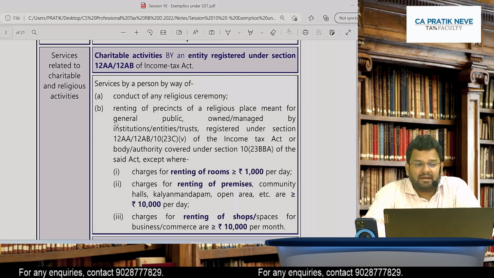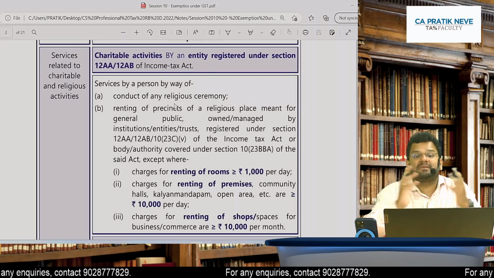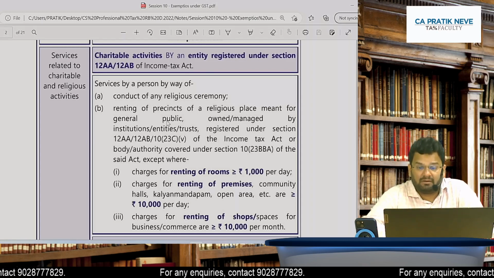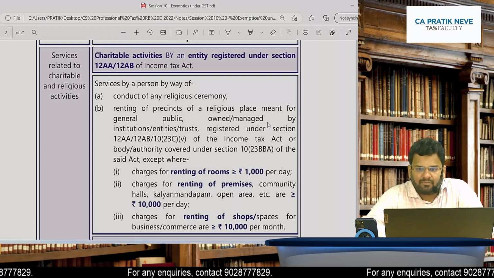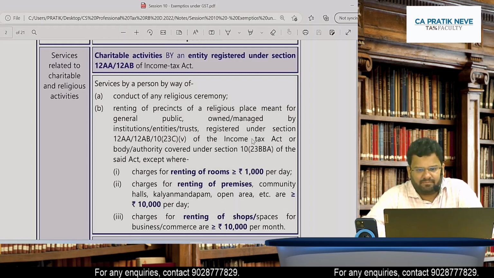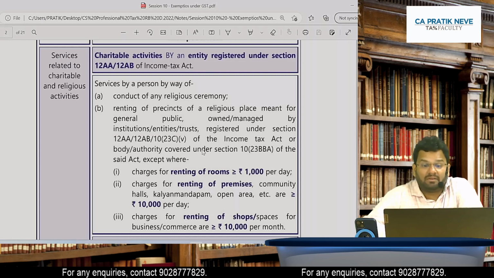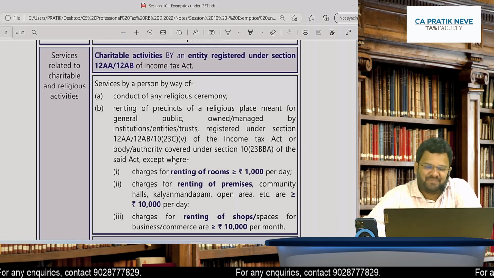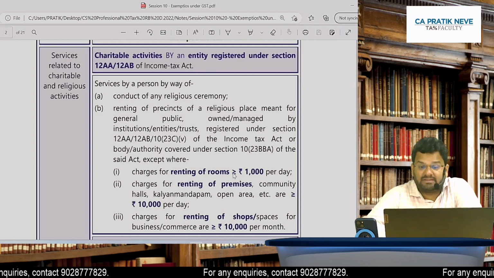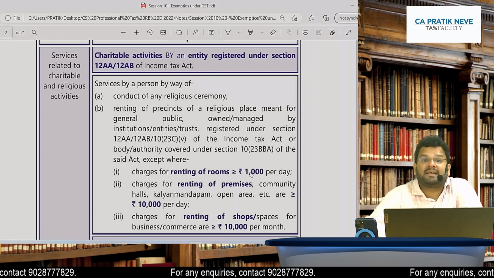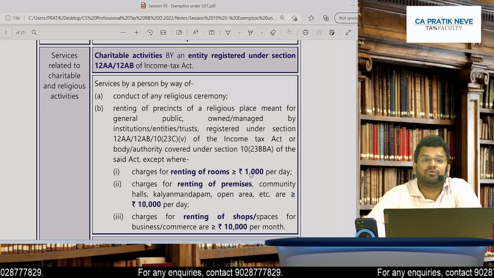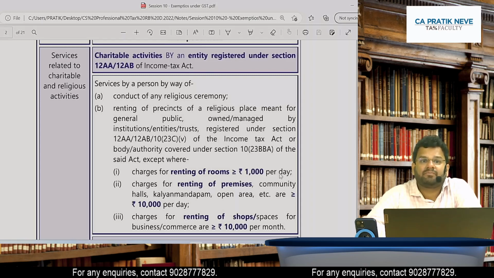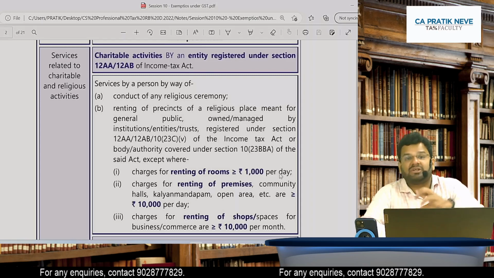Then renting of precincts, premises of a religious place meant for general public, owned and managed by trusts, is exempt. Except when it will become taxable: renting of premises where charges of renting of rooms are more than or equal to 1000 rupees per day. Agreed? It means a luxurious room is being taken.